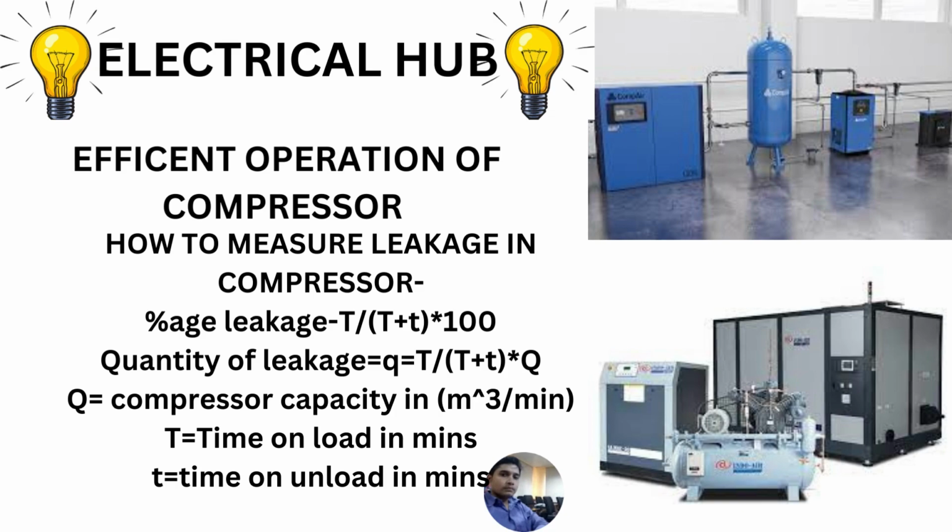So the percentage of the leakage will be time for loading divided by time for loading plus time for unloading, into 100, and the quantity of the leakage will be time for loading divided by time for loading plus time for unloading, multiplied by the compressor capacity in meter cube per minute.